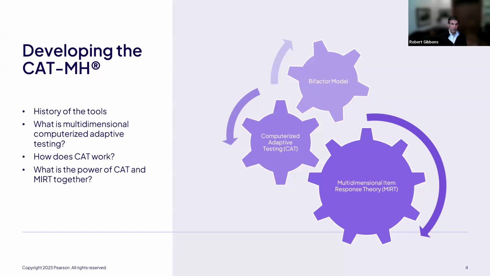They're much too complicated, and we need multidimensional IRT to be able to evaluate them. The problem is that there never was any form of computerized adaptive testing for multidimensional constructs.